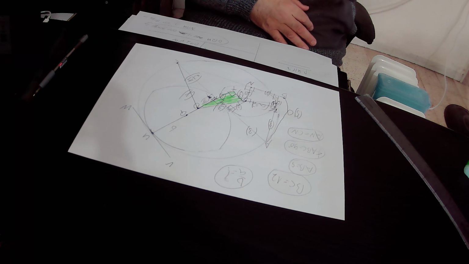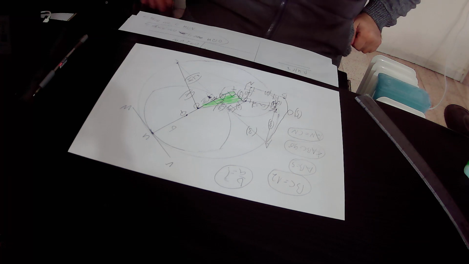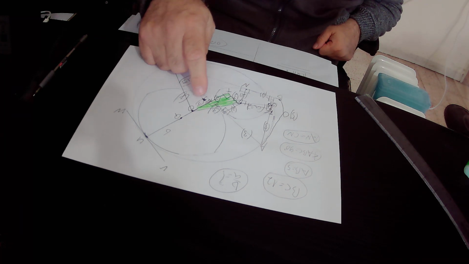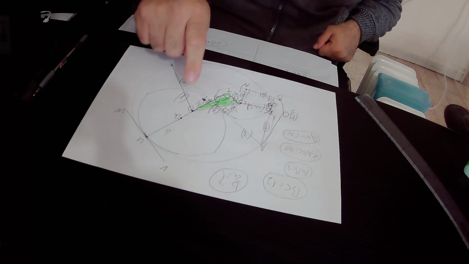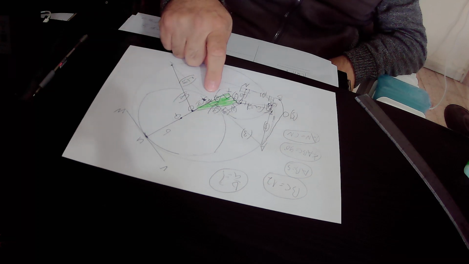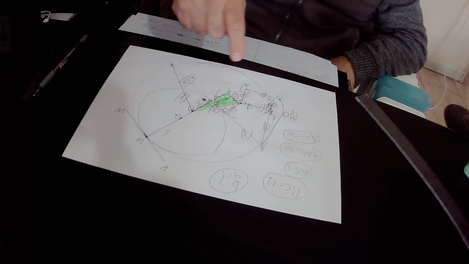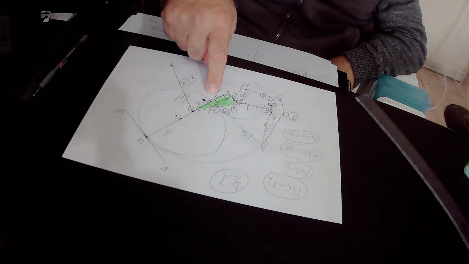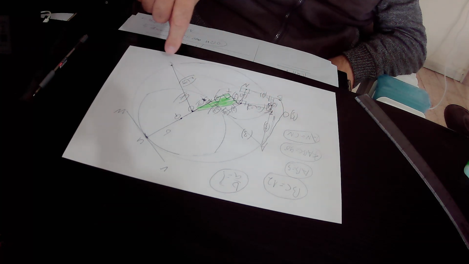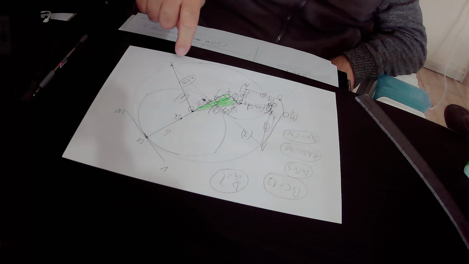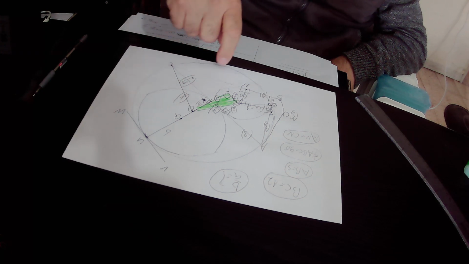In the next step, we found out that ON is perpendicular to AC. Here point Q is the center of the circle, point N is a point on the circle itself, therefore QN is the radius of this circle. The radius QN is drawn to point N, that is the point of tangency of tangent AC with this circle. And whenever a radius is drawn to the point of tangency, then tangent AC will be perpendicular to the radius NQ.